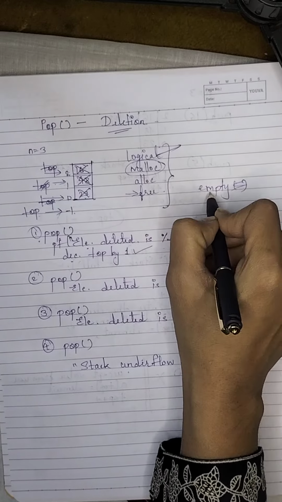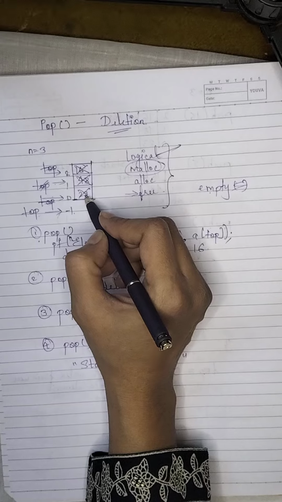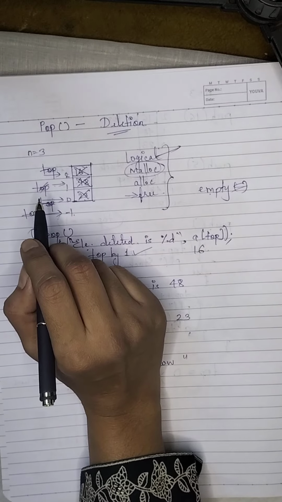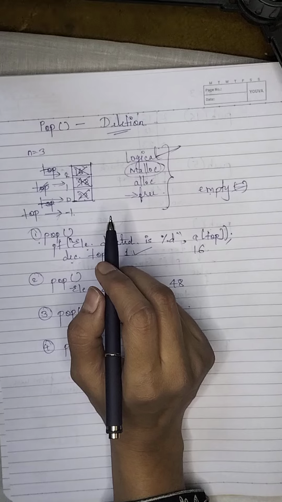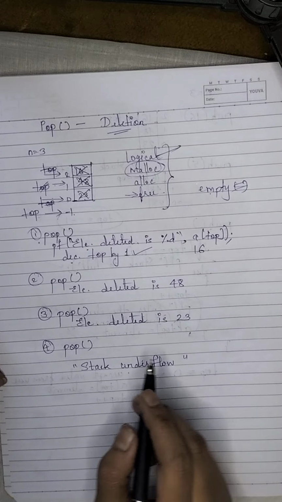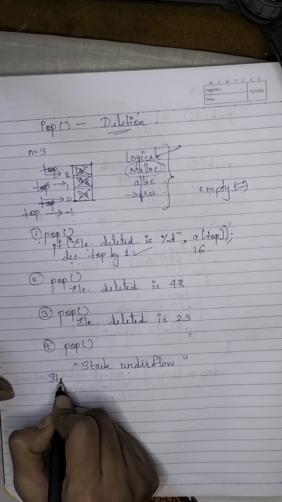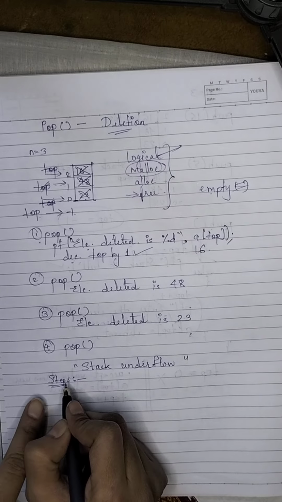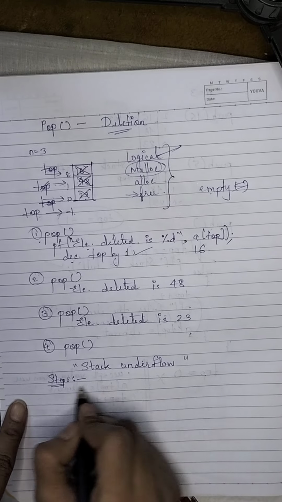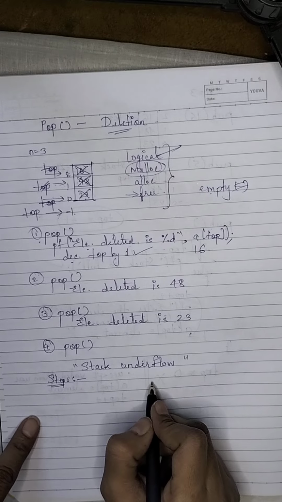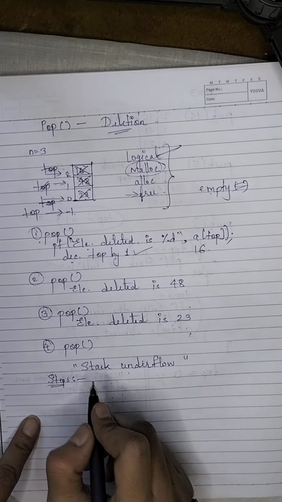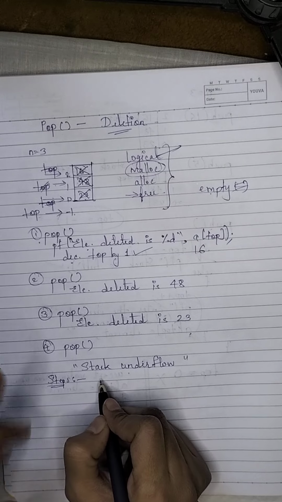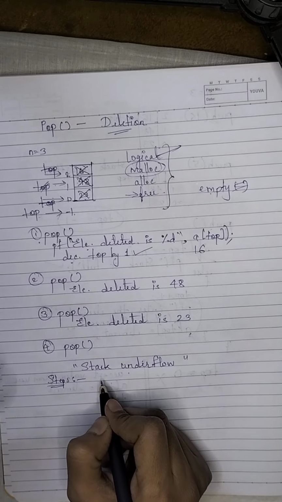If the stack is not empty, which means we still have some elements in the stack, we can perform the pop operation. So what should be the steps in the pop function? I will just write down the steps now. Similar to the push function, here there is no need to initialize the top variable to -1 again, as top is globally initialized to -1, so there is no need to initialize it again and again.